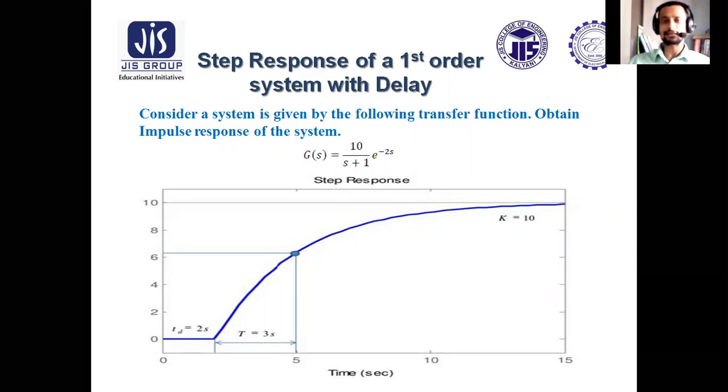Next, we discussed the step response of a first order system when a zero is introduced to the transfer function. We discussed two cases and solved some numericals. We also discussed the step response of a system with some delay. In the next class, we'll move towards the analysis of second order systems.